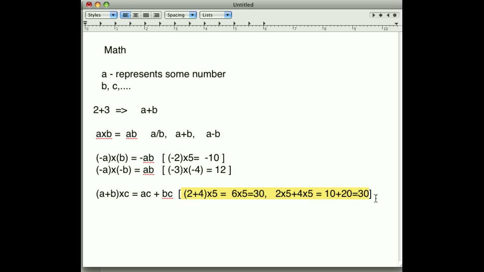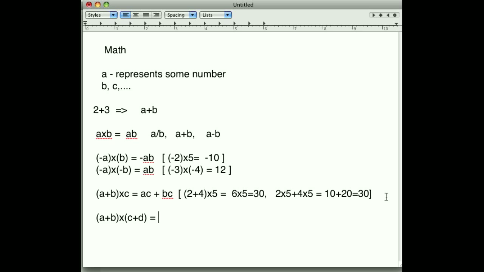So now let's do something a little bit more complicated than that. Let's say A plus B times C plus D. And in this case, I claim that we have to multiply each and every element in the left parenthesis with each of the elements in the right parenthesis.